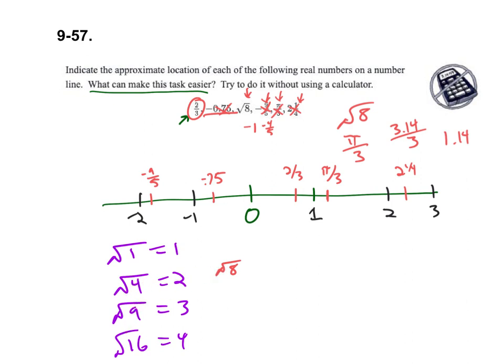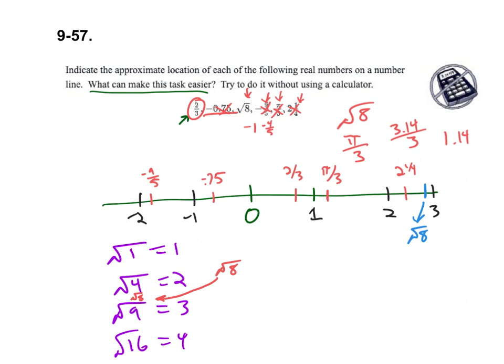And in fact, it should be pretty close to the square root of 9, because it's just one number difference between 8 and 9, whereas it's 4 numbers of difference between 8 and 4. So probably it's going to be pretty close to 3, but not quite 3. So I'm going to put the square root of 8 somewhere over here. I'm going to put it close to 3, but not quite 3.